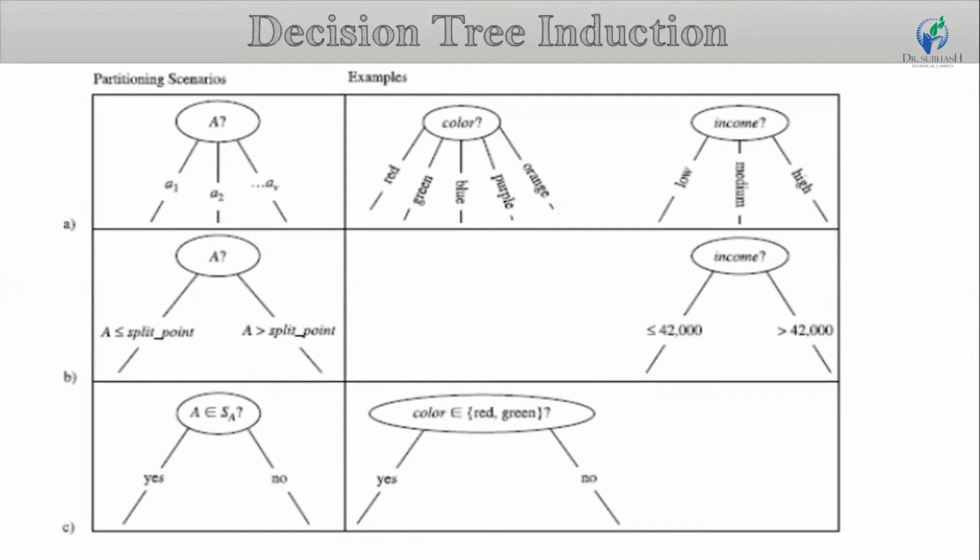Now I explain the strengths and weaknesses of decision trees. First is the strengths of the decision tree method. Decision trees are able to generate understandable rules.